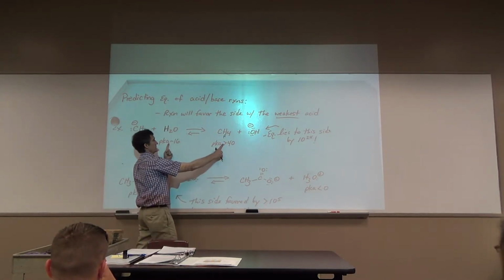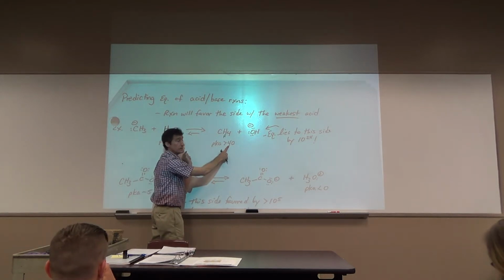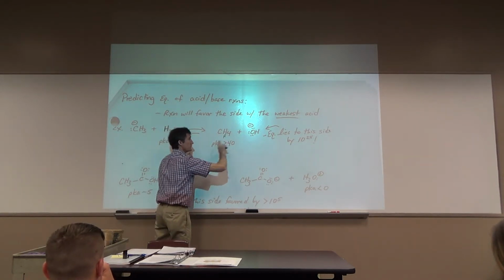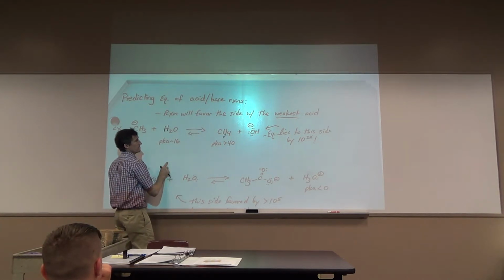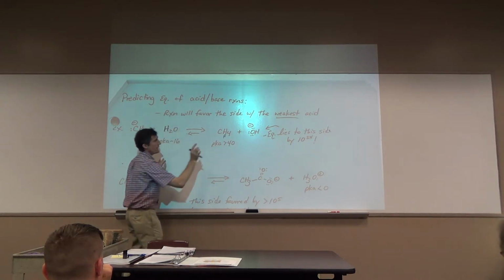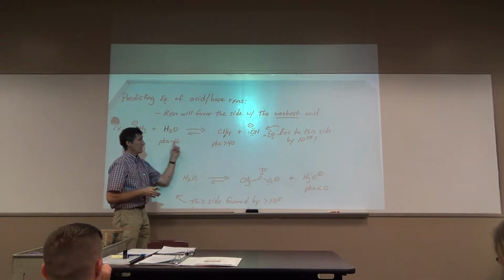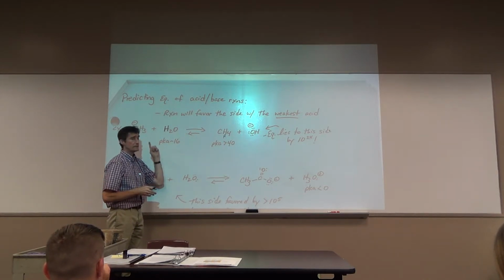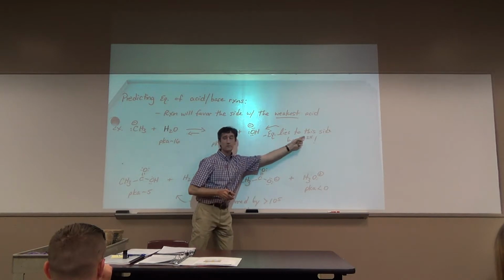Which acid is weaker, 16 or 40? 40, higher pKa, weaker. So the equilibrium is going to lie towards this side. So even though I drew arrows like this, it's really this side that's favored. By how much? Of course, like all your calculations in Gen Chem, the difference is going to be 10 to the 24.